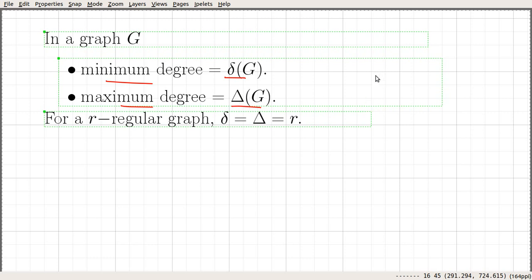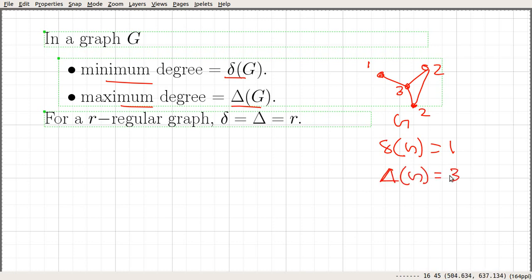For example, if you have a graph something like this, let this be the graph G, and the degree of this vertex is 1, this is 3, this is 2, this is 2. So small delta of G, the minimum degree, is equal to 1, and the maximum degree, capital delta, is equal to 3. Maximum is 3 here, right?